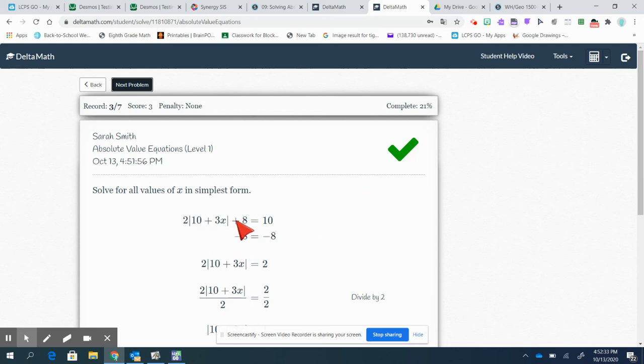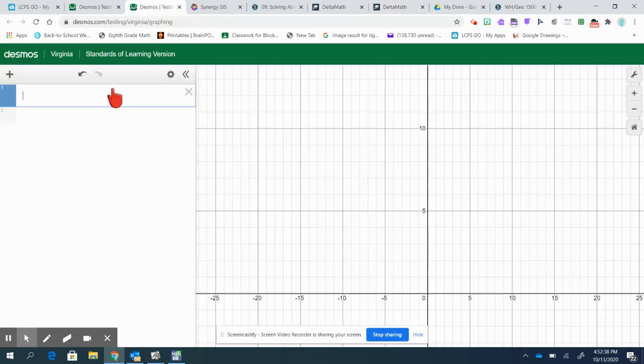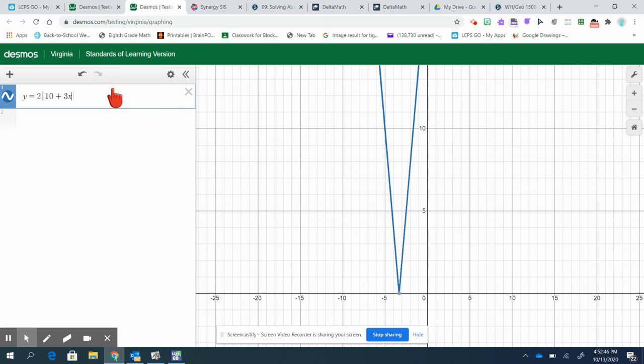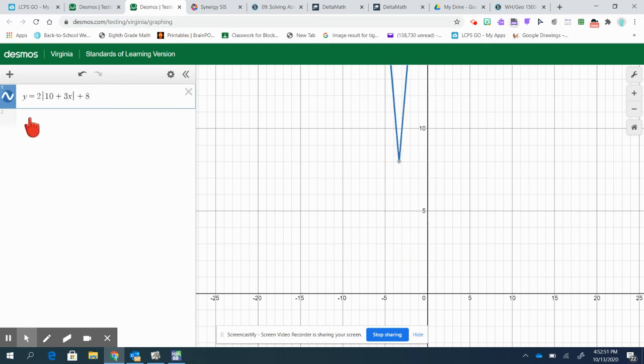We're going to put this part on one side. So y equals 2 absolute value of 10 plus 3x absolute value plus 8. And then on our other one, we're just going to put y equals 10.